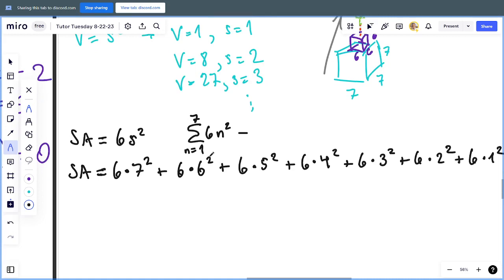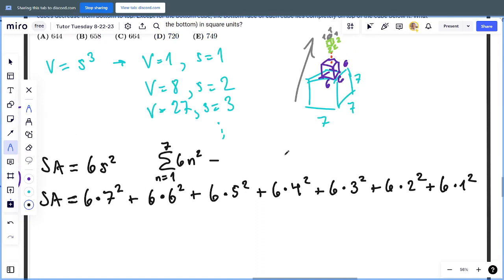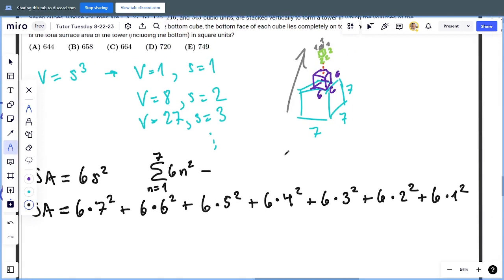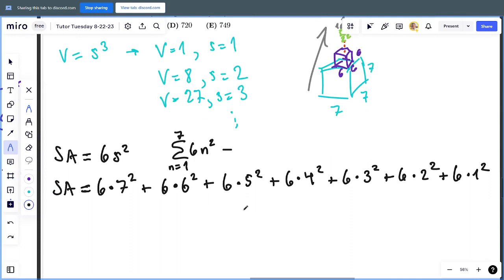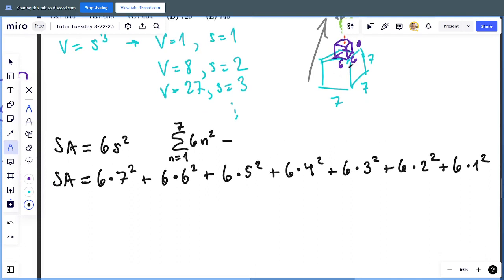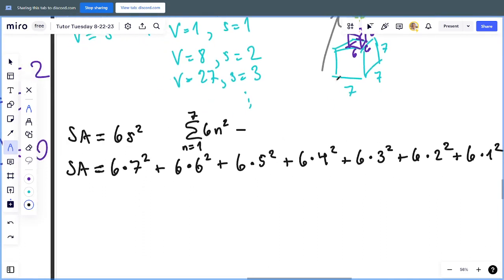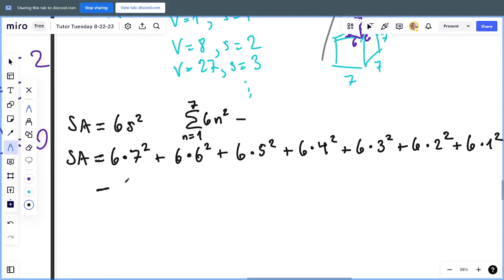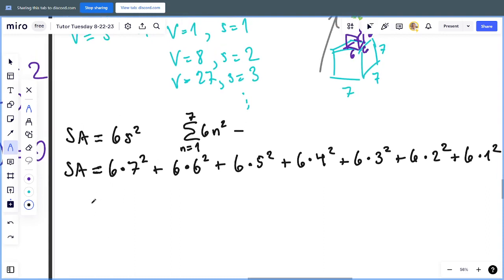Well, for each cube, for the 7 by 7 cube, an area of a 6 by 6 face is going to be covered. So for the 7 by 7 cube, I could subtract off 6 squared.